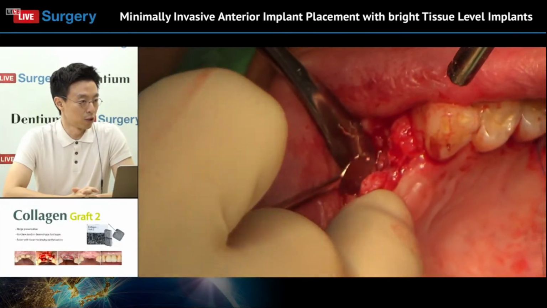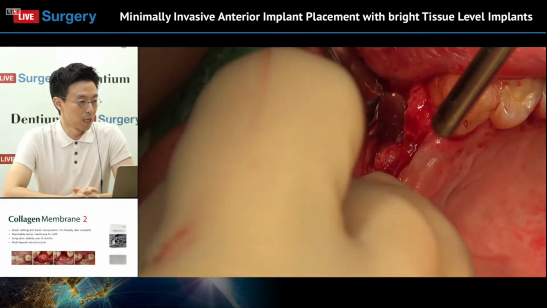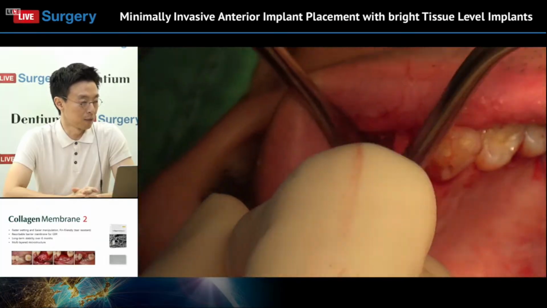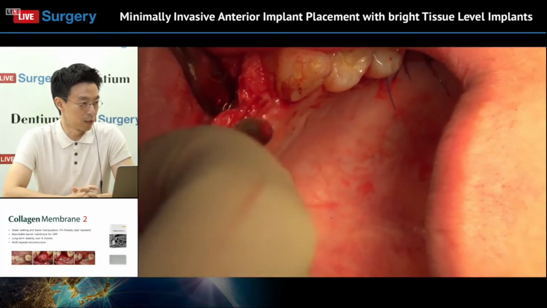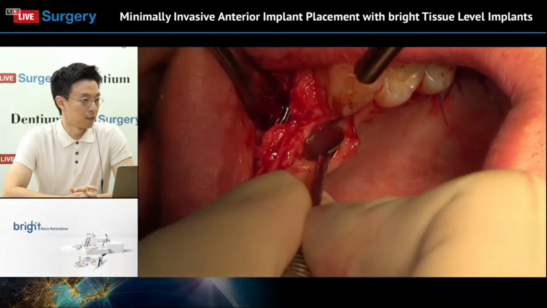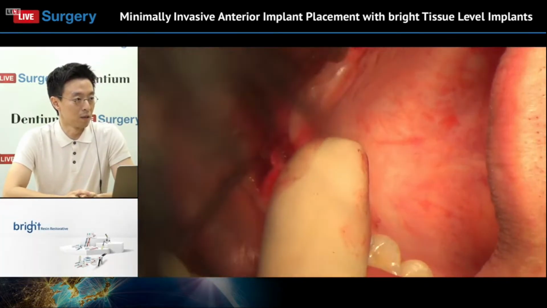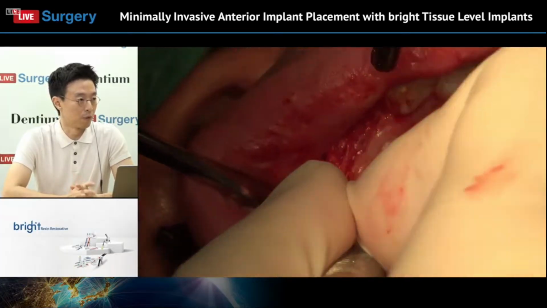In implant surgery, it is very essential to expose the palatal side of the alveolar ridge to identify the ridge width and the condition of the alveolar bone.